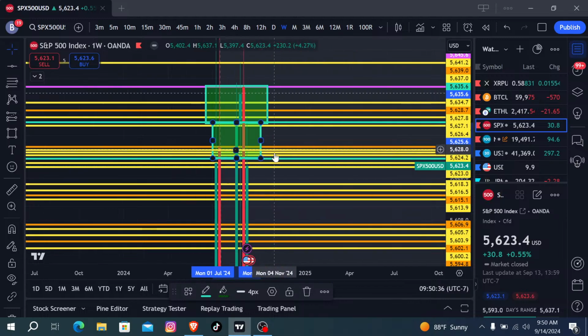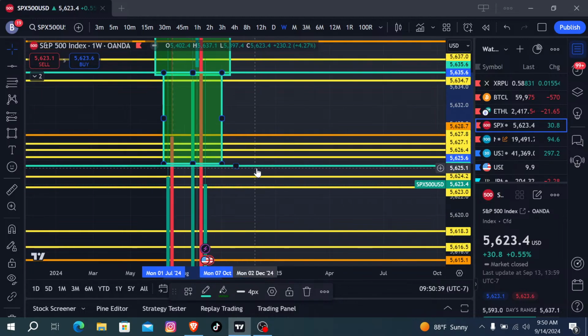Where's that one at though? It's in the wrong area.